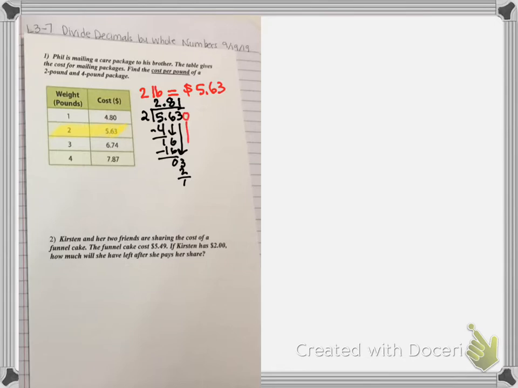Going to annex a 0 so we can keep going. And 2 goes into 10 exactly 5 times. So we've terminated. Now the problem is this is money, so we're going to have to round this. So I'm going to move it off to the side here. This is the spot we want to round to.